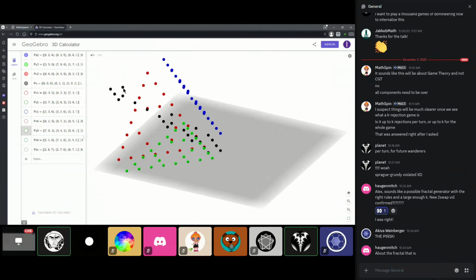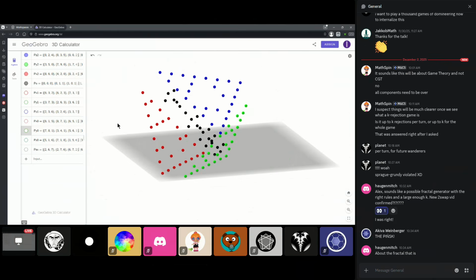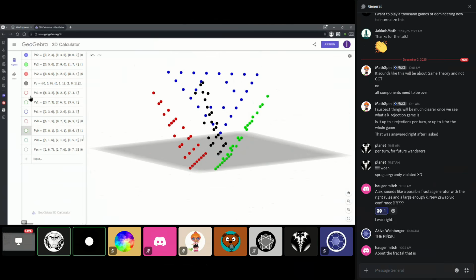There's a triangle here corresponding to the 889 positions. We have the 445 positions over here. We have the 322 position over here.